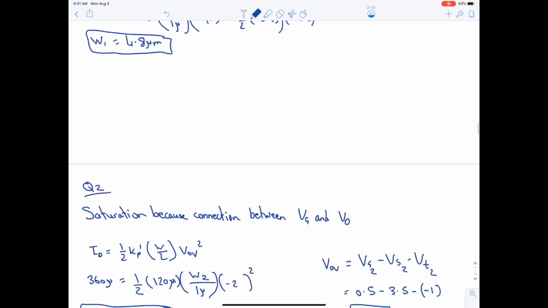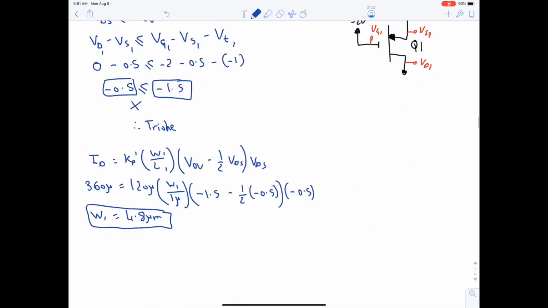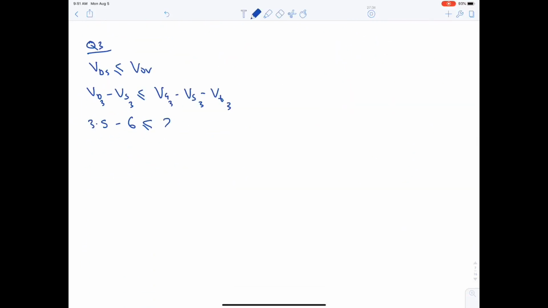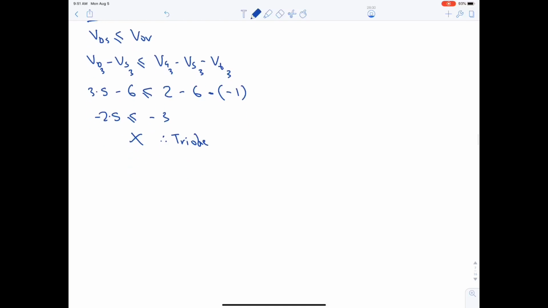VG3 is 2. VS again 6. VT is minus 1. Okay, so 3.5 minus 6, that's minus 2.5. 2 minus 6 plus 1 is minus 3. Okay, so is minus 2.5 less than or equal to minus 3? No, therefore it's triode.